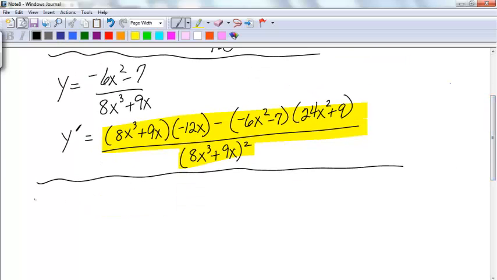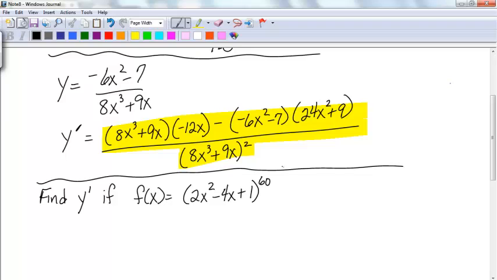If I said find y prime, if f of x equals the quantity 2x squared minus 4x plus 1 to the 60th power. The long method would be to take that quantity times itself 60 times, which would be awful.